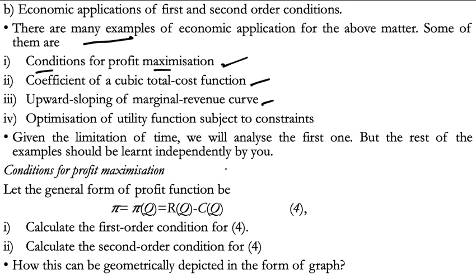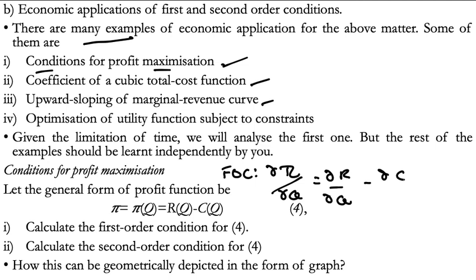So the first order condition is delta P over delta Q, which is delta R over delta Q minus delta C over delta Q, and equate it to 0. Once you equate it to 0, then only you can call it the first order condition. If you don't equate it to 0, it's just a simple partial differentiation. Once you equate it to 0, then you can find a particular Q, call it Q star.